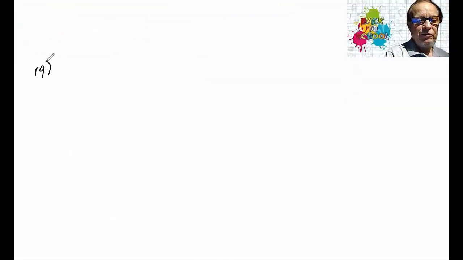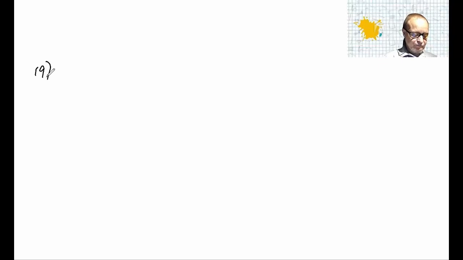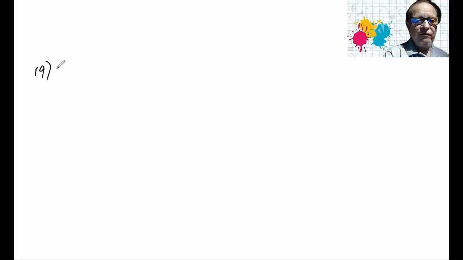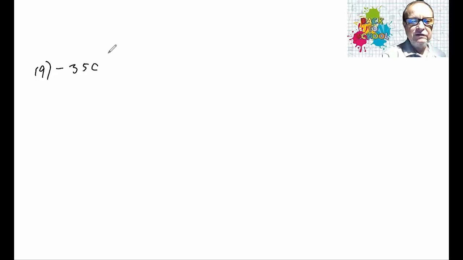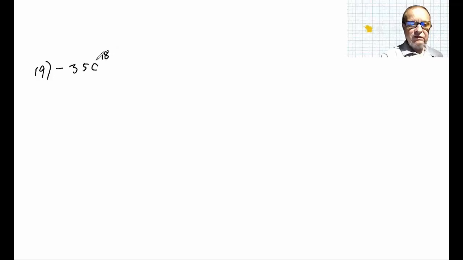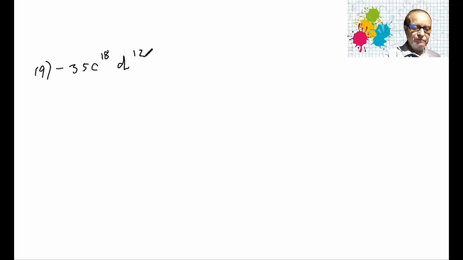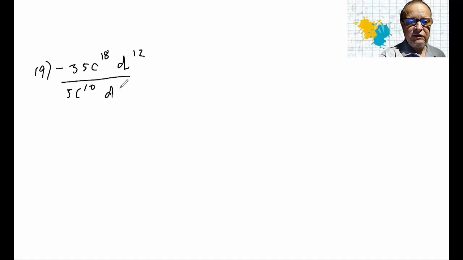In example number 19, we have negative 35c to the 18th, d to the 12th, divided by 5c to the 10th, d to the 7th.